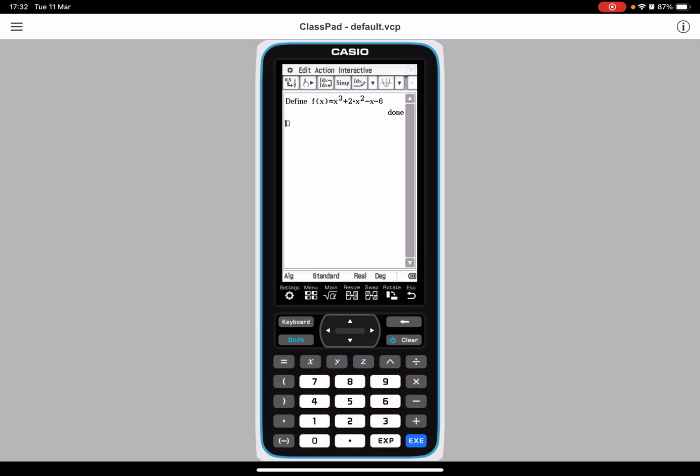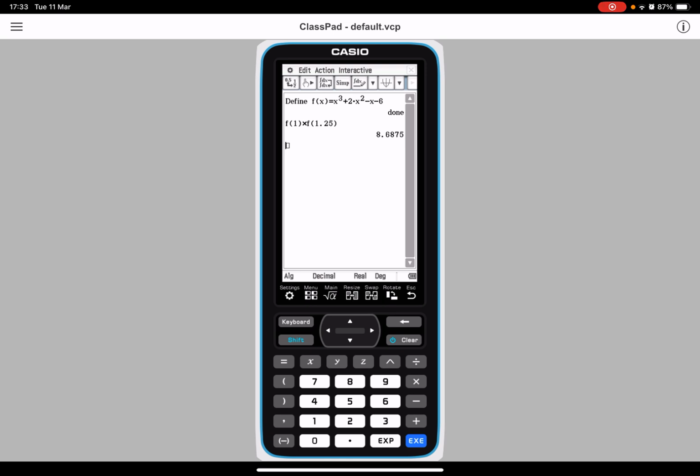f of a, which is f of 1, times f of m, which is 1.25, gives us, oh, we don't need standard, we can work it out in decimals.